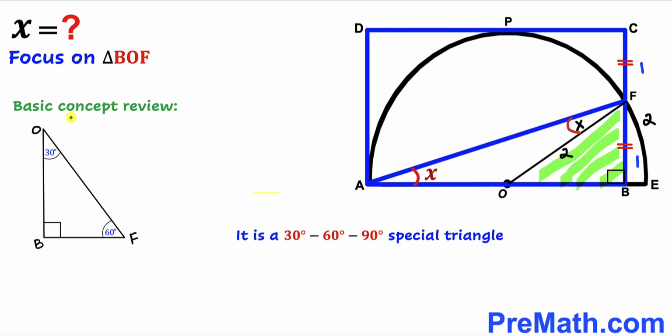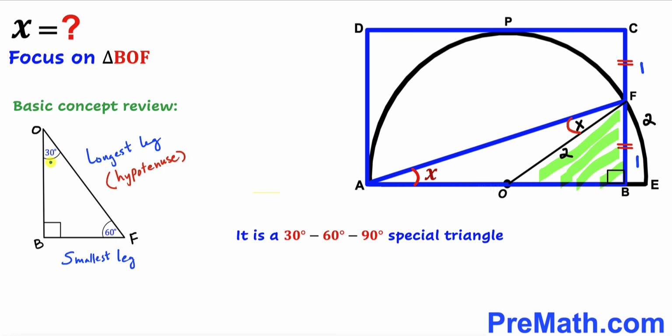Now let me go over a basic review of the special 30, 60, 90 triangle. This angle is 30 degrees, this angle is 60 degrees, and this angle is 90 degrees. 30 degrees is our smallest angle, whereas 90 degrees is our largest angle.